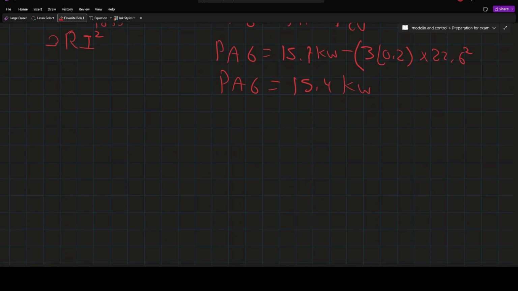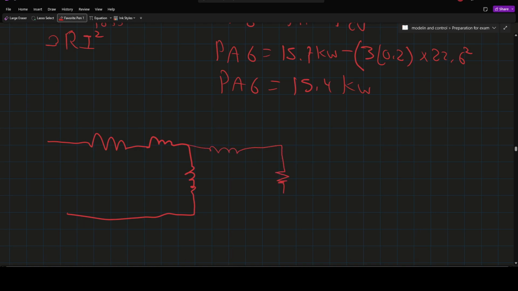Okay, now just to remember, our model for our induction motor was something like this. Sorry for the ugliness. Here we have our copper resistance, our inductance in the stator, our inductance in the rotor, our magnetizing inductance, and here we have our resistance in the rotor over our slip.